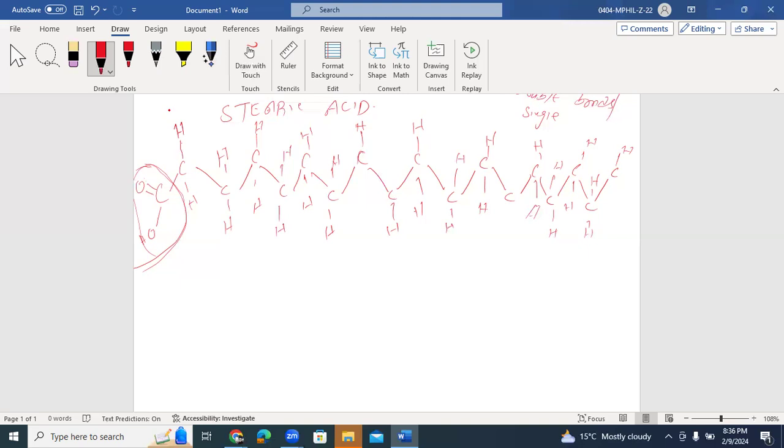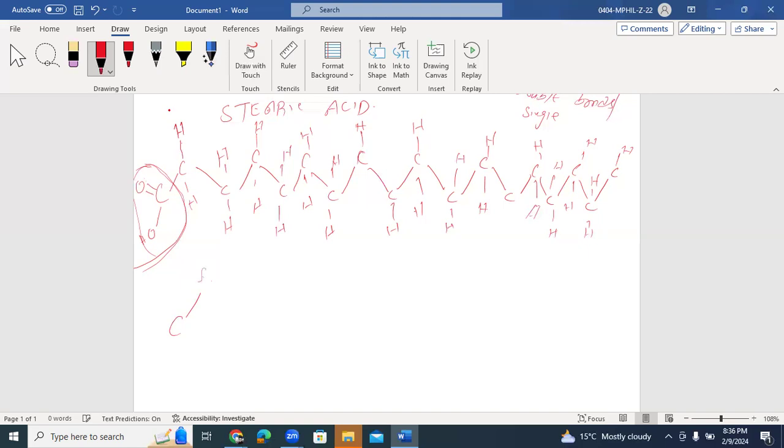So let's talk about another thing. This is carbon number 1. Let me add other carbons here.